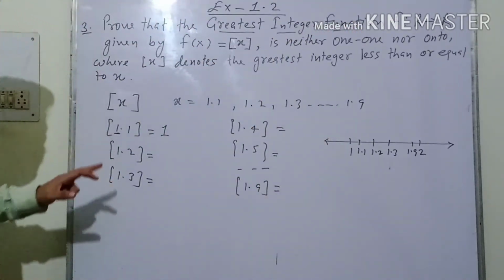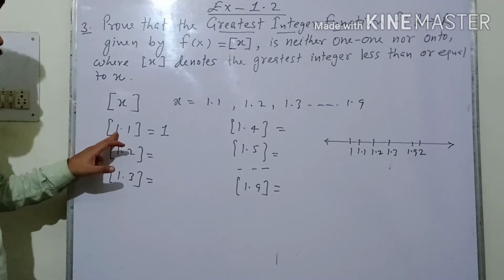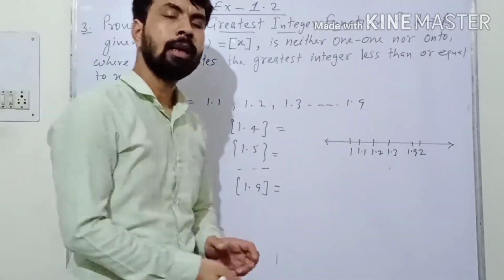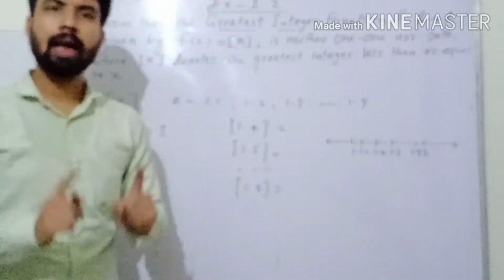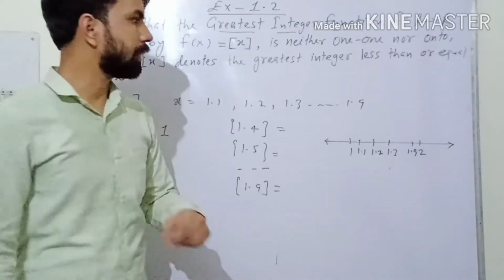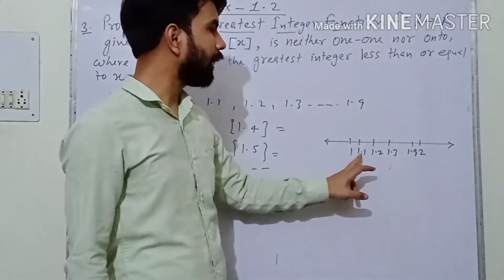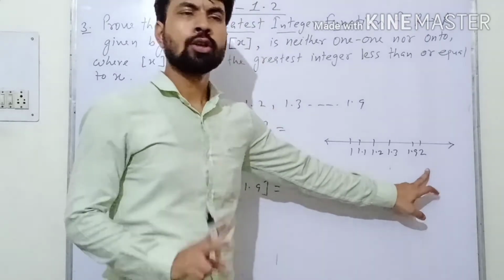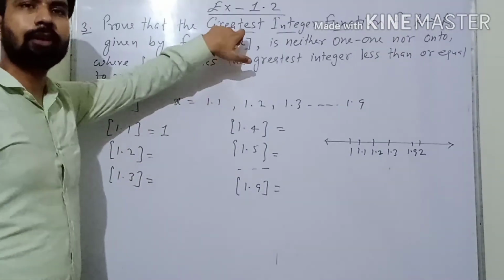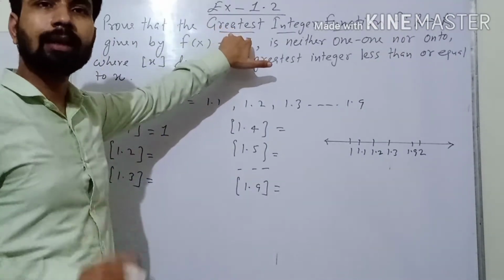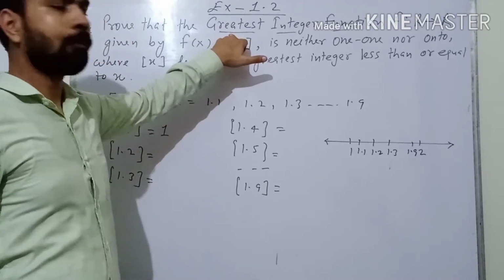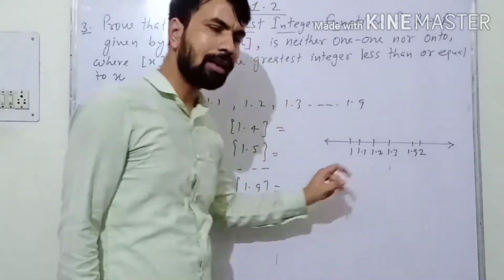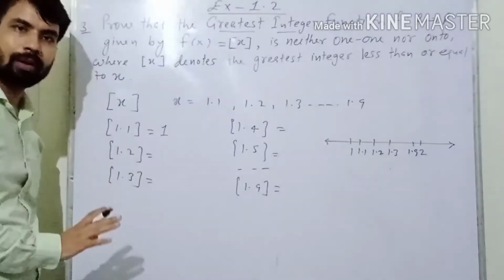To find the value of greatest integer 1.1, first we have to find which two integers 1.1 lies between. 1.1 lies between 1 and 2, because 1 and 2 are integers. The name is greatest integer function, so we take the smaller integer, 1 or 2. 1 is the smaller, so its value will be 1.